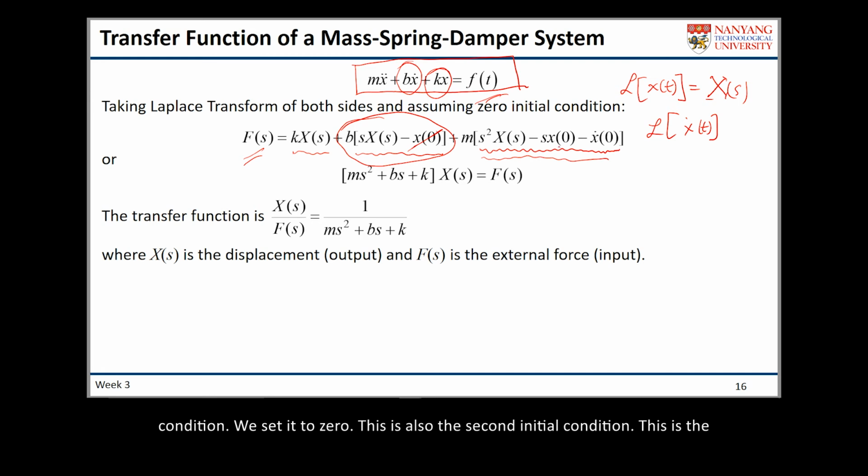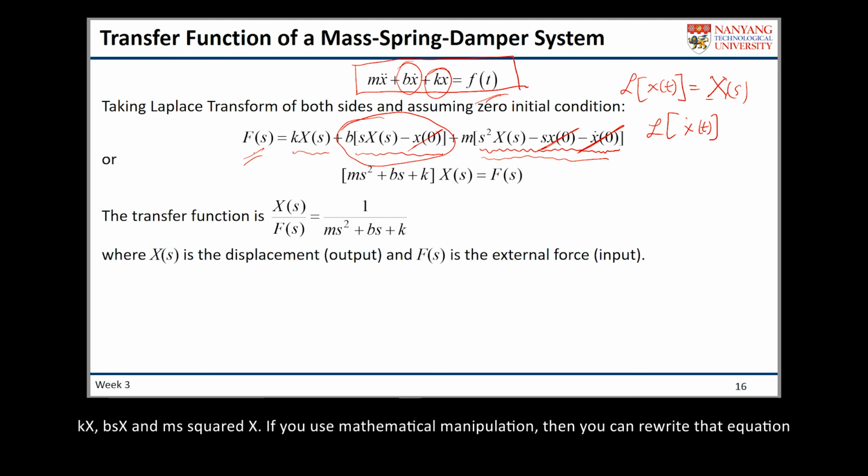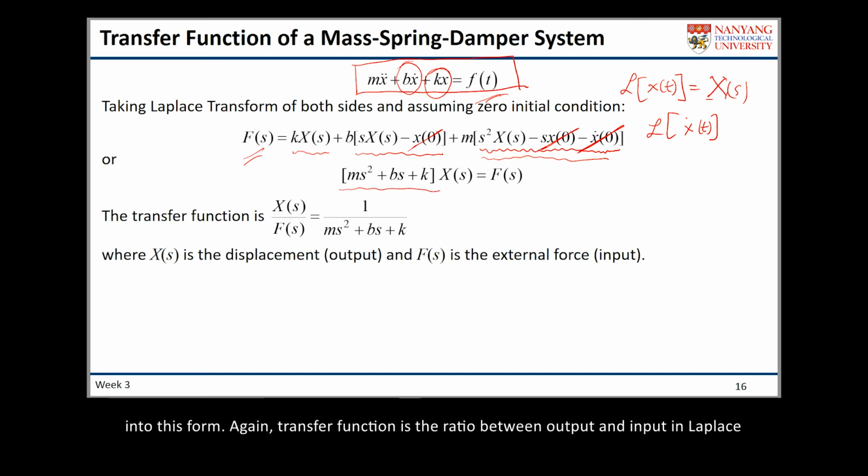We set it to 0. This is also the second initial condition. This is the last one. We set all of the initial conditions to be 0. So what we have now is only F(s), kX(s), bsX(s), and ms squared X(s). If you do mathematical manipulation, then you can rewrite that equation into this form.